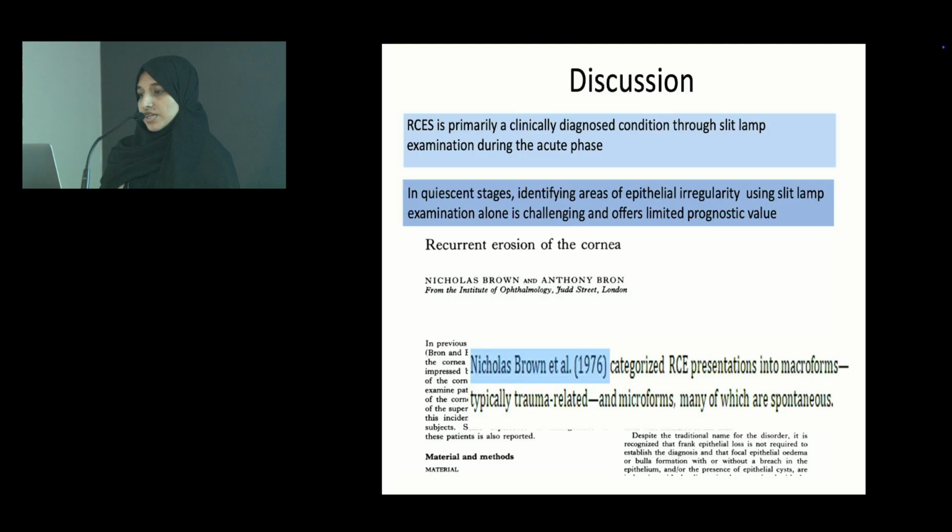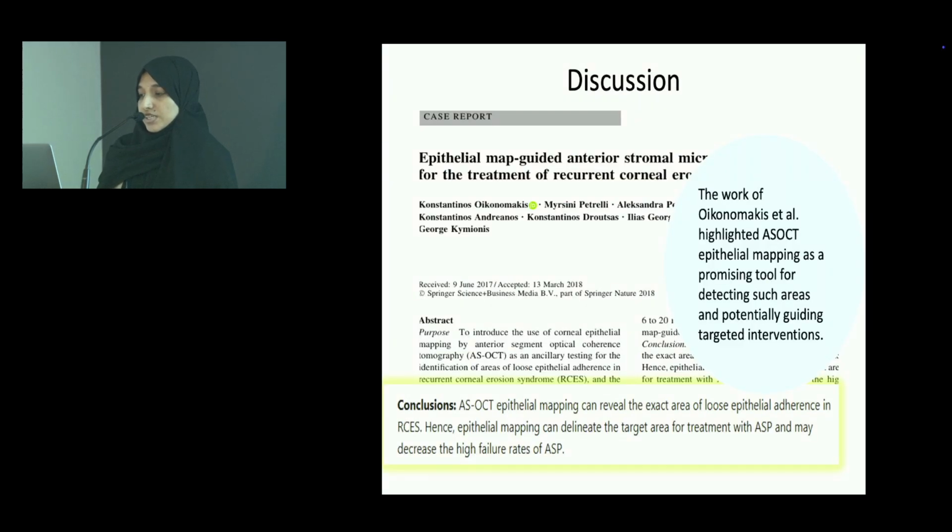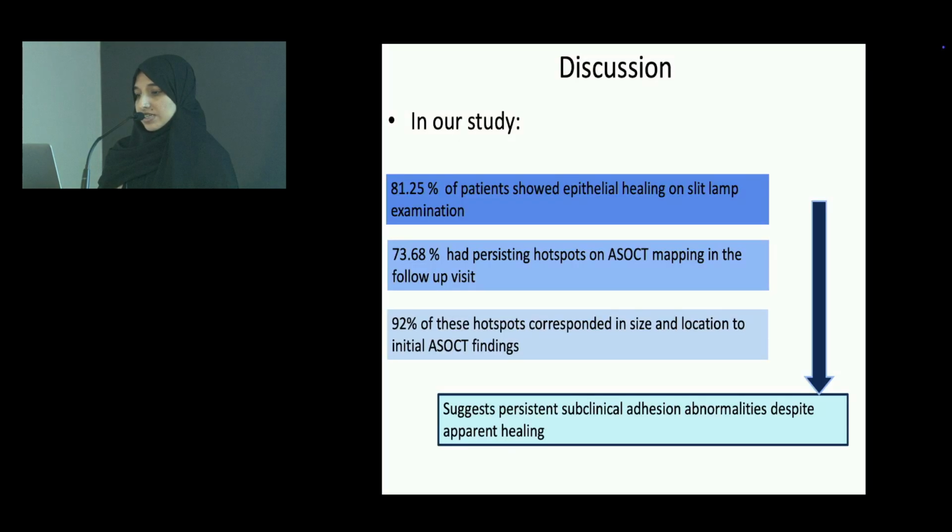As mentioned, it's primarily a clinically diagnosed condition through slit lamp examination, and identifying these areas of epithelial irregularity using slit lamp examination alone is challenging in quiescent stages. It was the work of Oikonomakis et al. that highlighted ASOCT epithelial mapping as a promising tool for detecting areas of epithelial irregularity and potentially guiding targeted interventions.